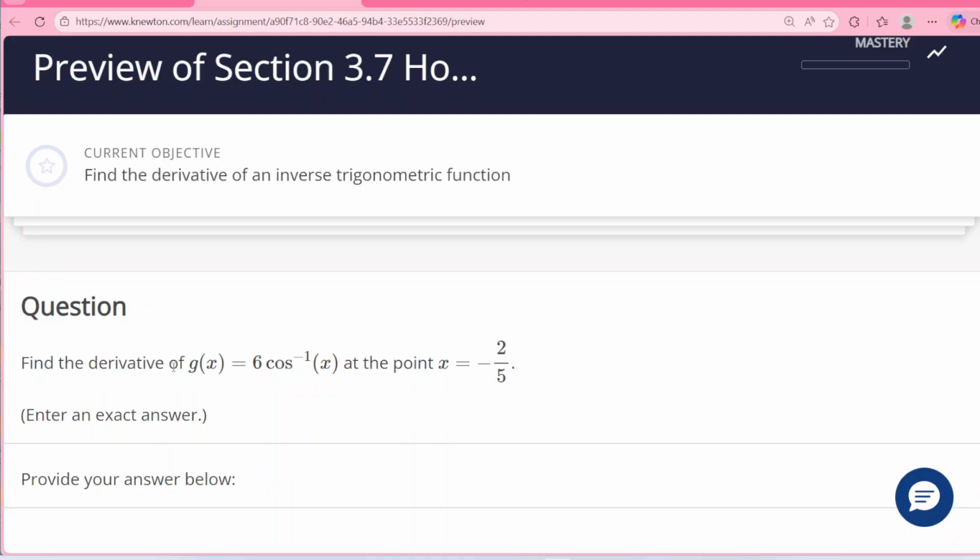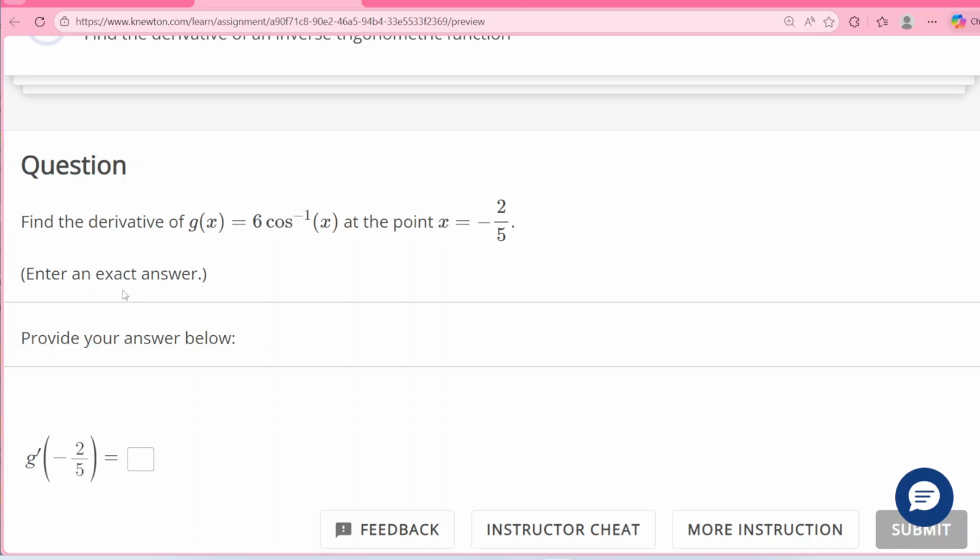So for here, we're asked to find the derivative of g of x equals 6 times the inverse cosine of x at the point where x equals -2/5. And you're asked to enter an exact answer, which simply means as it is, without punching into some calculator or rounding to so many decimal places. Just enter it as it looks.